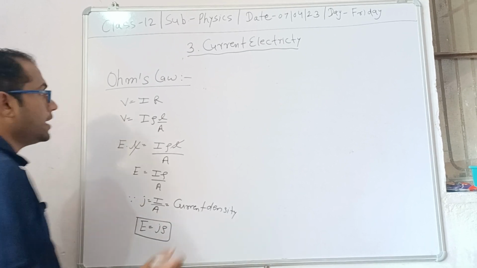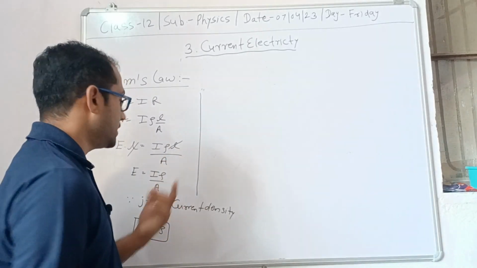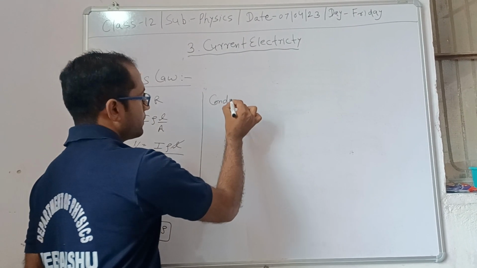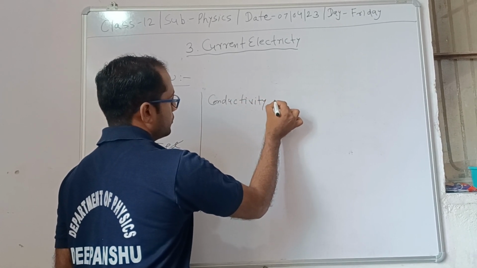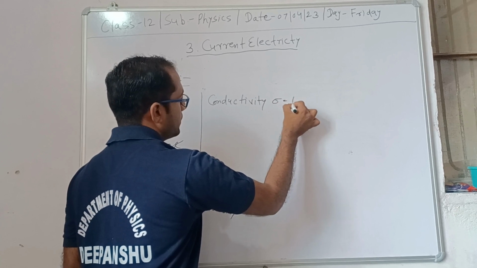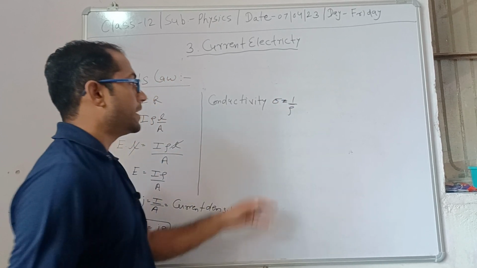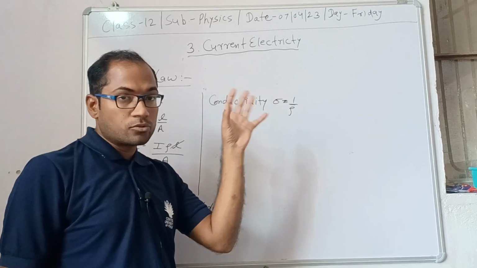If we convert this formula, we introduce another property: conductivity. Conductivity is sigma, and it is inversely proportional to resistivity, because conductivity helps the flow of current and resistivity opposes the flow of current.